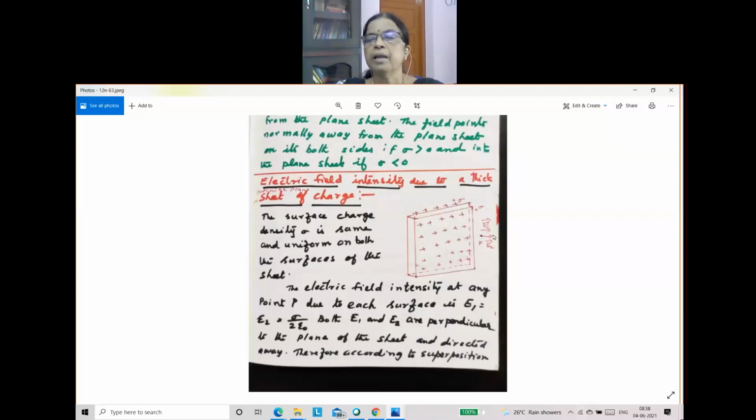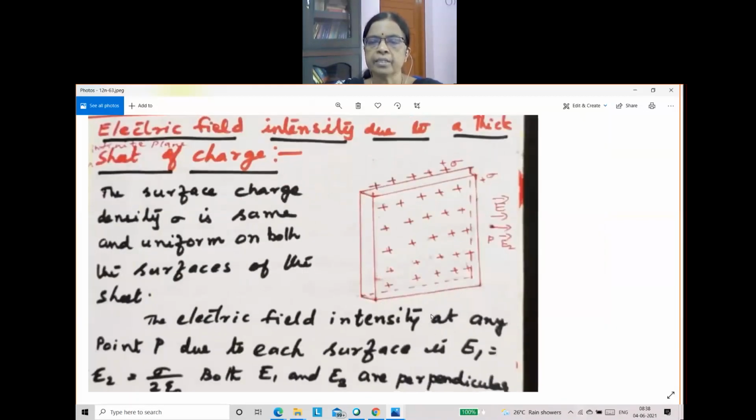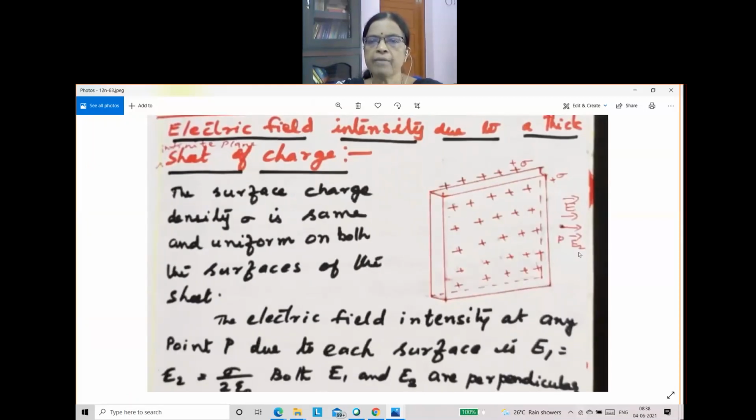When you consider a point P on the right side of the sheet, the electric field is first due to this sheet, and another field will be there due to the other sheet which is behind it. This is a thick sheet. So behind it is also a sheet and it is uniformly charged.